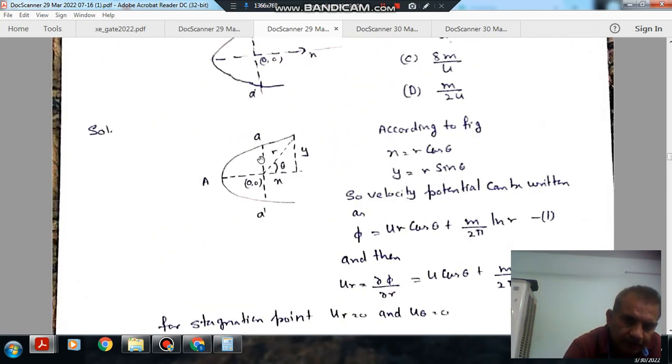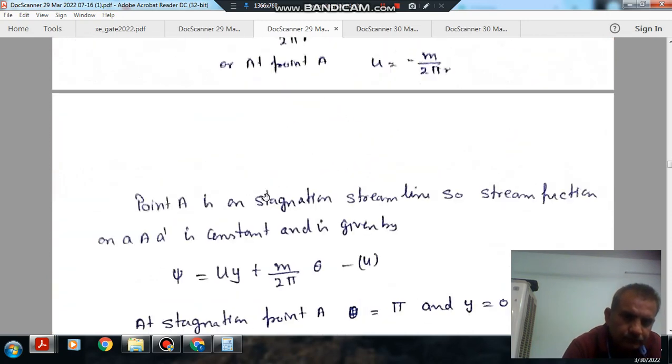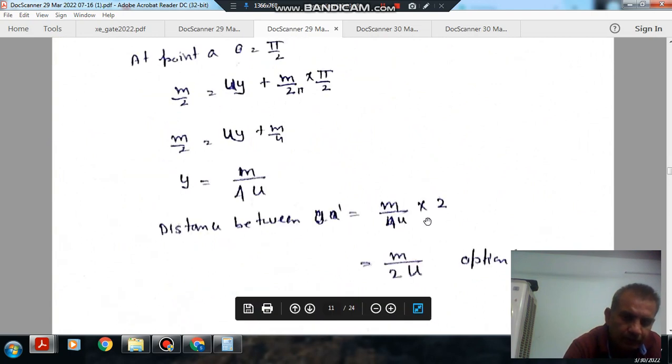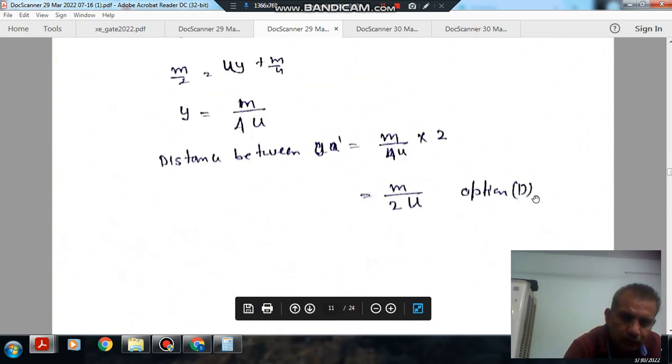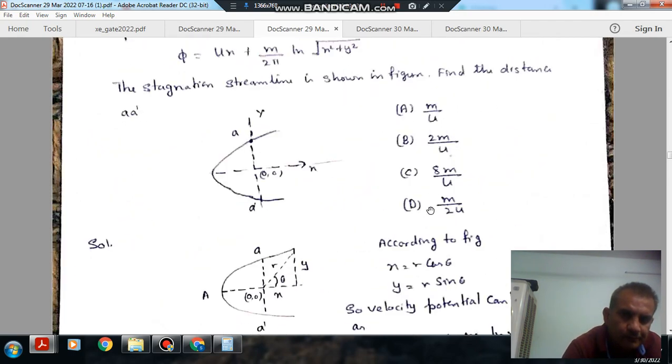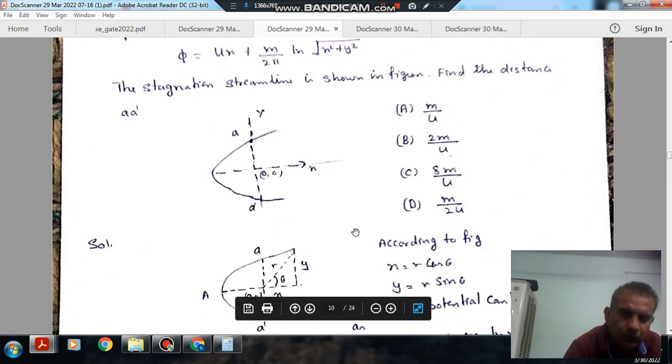So this distance is m by 4u, and now this distance will be again m by 4u. So A dash will be m by 4u into 2, or m by 2u. So option D is the right answer.